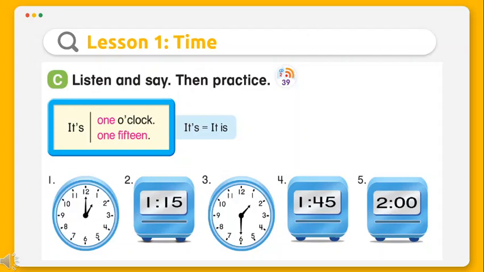It is. 1, It's 1 o'clock. 2, It's 1:15. 3, It's 1:30. 4, It's 1:45. 5, It's 2 o'clock.